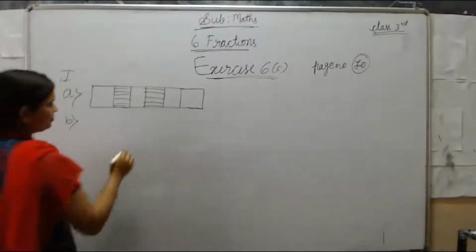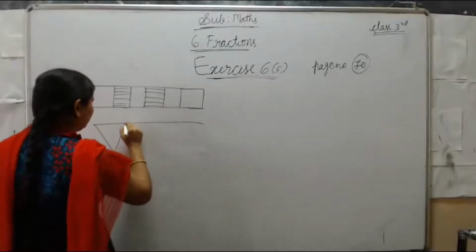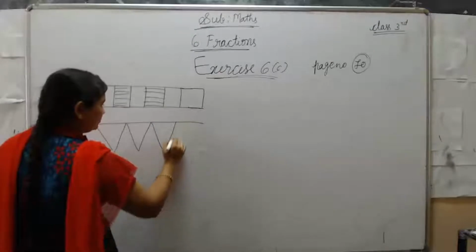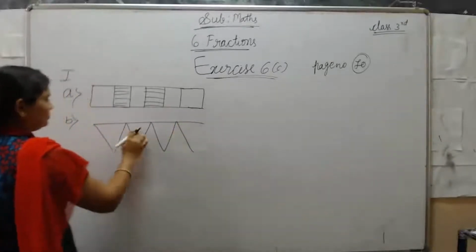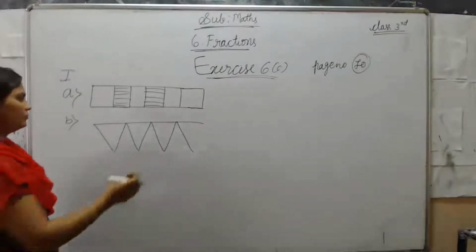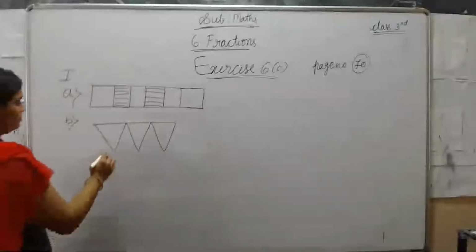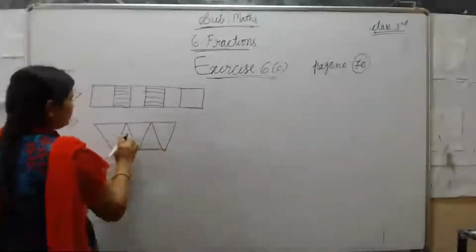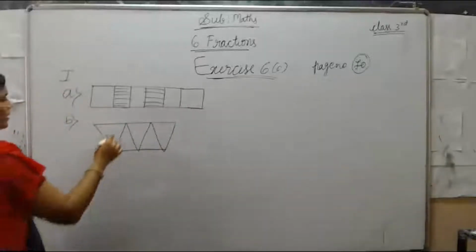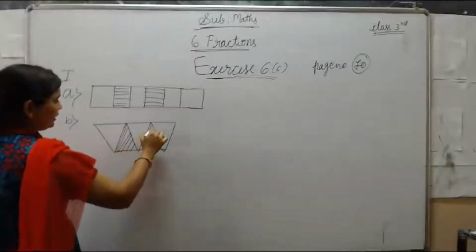Triangle. One, two, three, four, 5 equal parts are there. In this one, they have shaded these 2 parts. Yes, this one and this one.